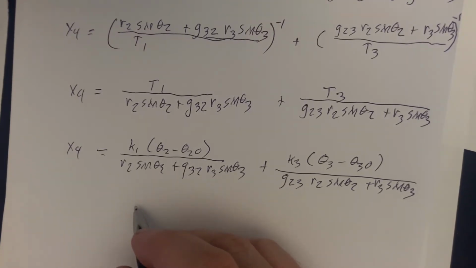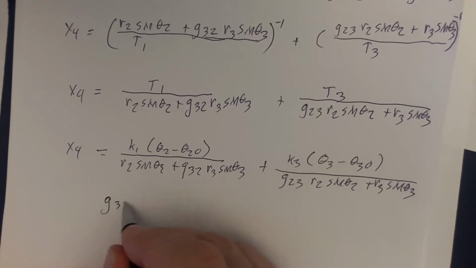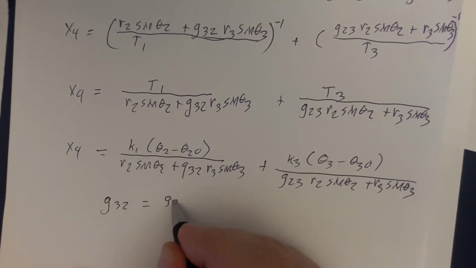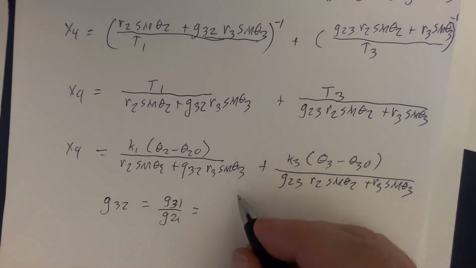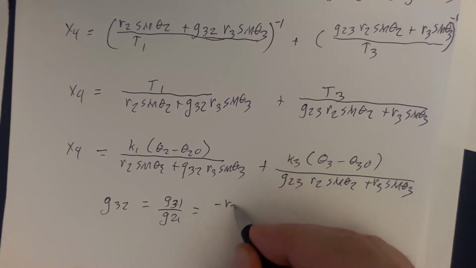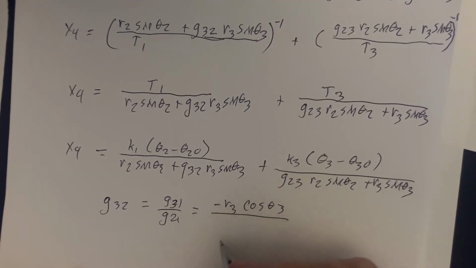And so the expression for G32 is just G31 divided by G21, which is just going to be minus R3 cosine theta 3 divided by, sorry, I did that backwards.